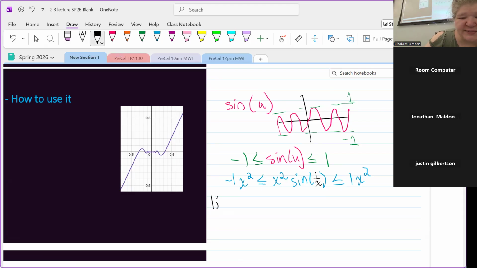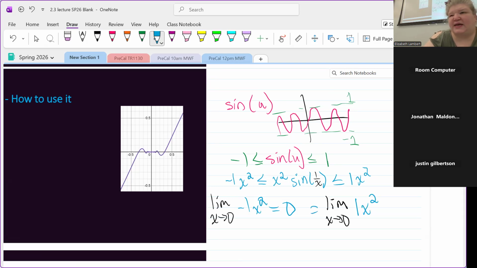So if I do the limit as x approaches 0 of -1 x squared, well, it's just a simple polynomial. I plug it in, I get 0. I do the same thing on the right.